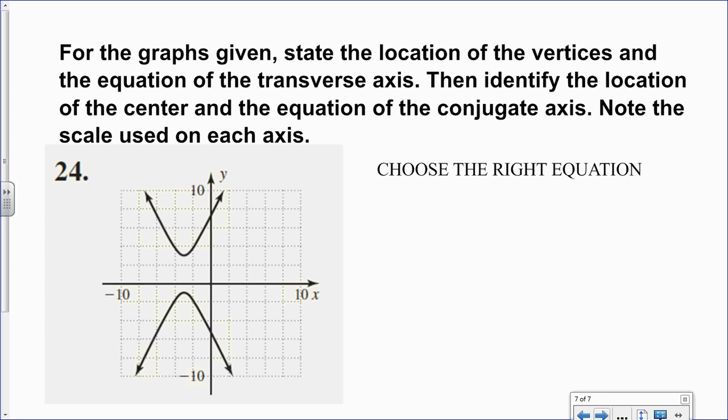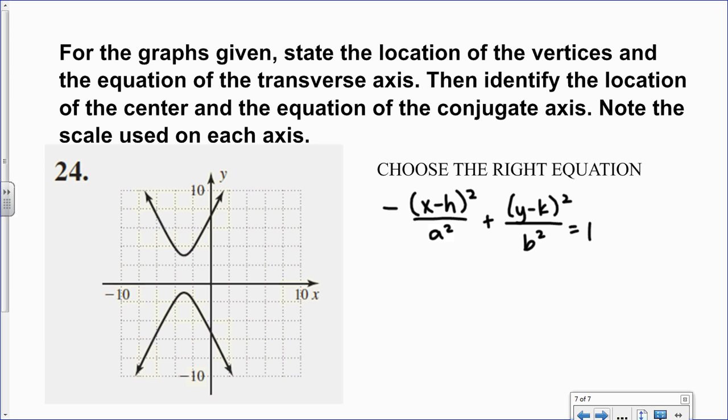All right. So first of all, we want to make sure we have the right equation. Since this hyperbola is horizontal or vertical, which term should be positive? The y. So I know that I want this equation. I'm going to follow the steps here.